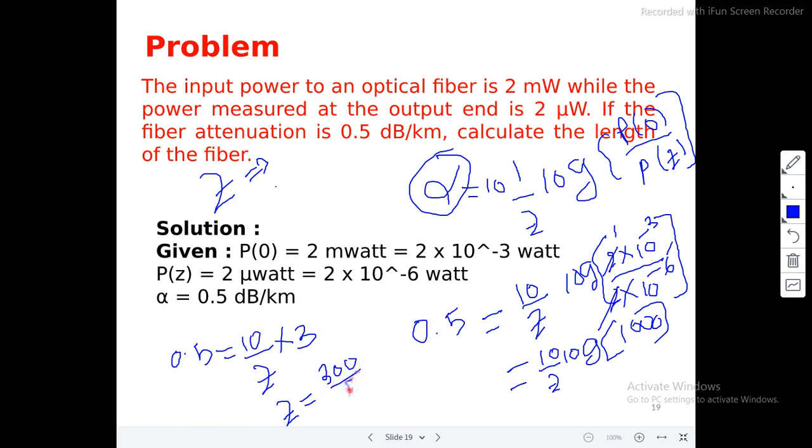I wrote 0.5 in the normal value, so 5 cancels 60 times. Finally, Z is equal to 60 kilometers. Therefore the length of the fiber is 60 kilometers.